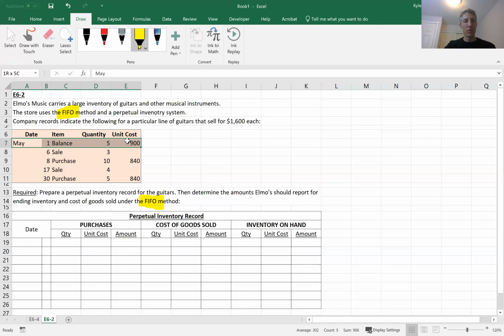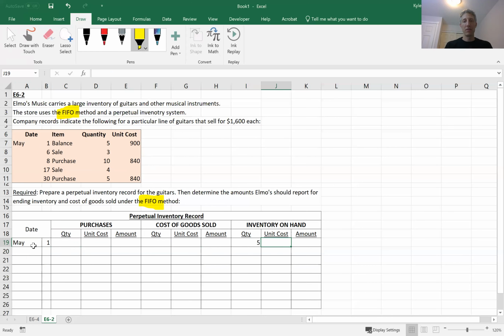So on May 1st, we had a balance of 5 units at a unit cost of $900. So we're going to populate this in our schedule. We didn't purchase anything, so there's no real journal entry required. We're just indicating what we currently have. What is our balance sheet value as of this day?